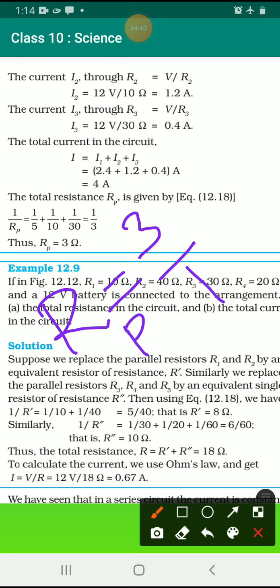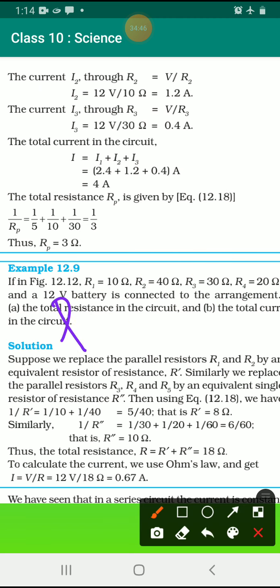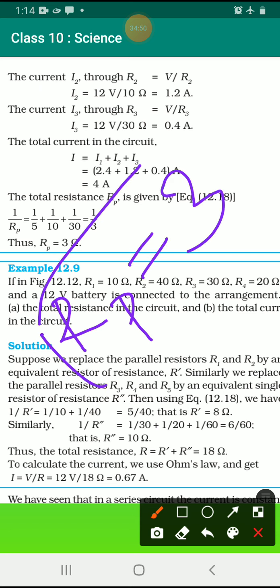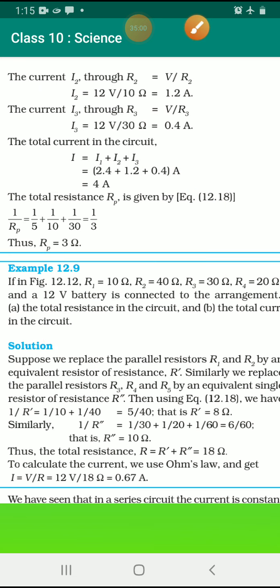Rp is equal to 3 by 1, and 1 we don't write in the denominator, so directly we write the answer as Rp is equal to 3. Sorry, you have to write the unit. Rp is equal to 3 ohm. Got it. So this way we solve the problems.